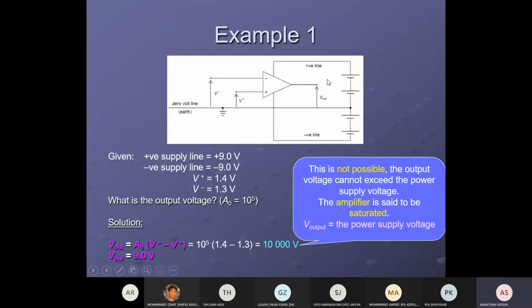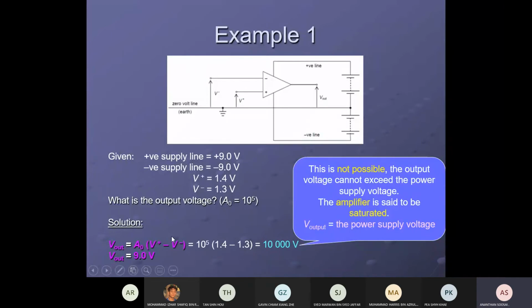The manager instructs, okay, give him 10 million ringgit. But in the bank, the amount of money they possess is only 5 million at that moment. Can they give the 10 million out? They can't. So they just give whatever maximum value they have. They got 5 million, so 5 million will be given to him.